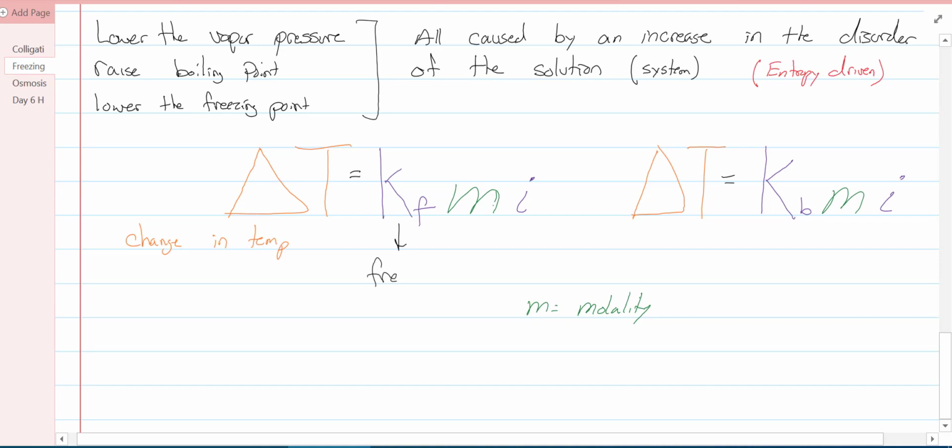This is the freezing point constant, and this is the boiling point constant. So whatever we're doing, whether we're freezing or we're boiling, that's what we need to use.